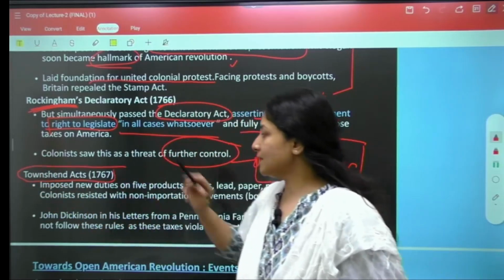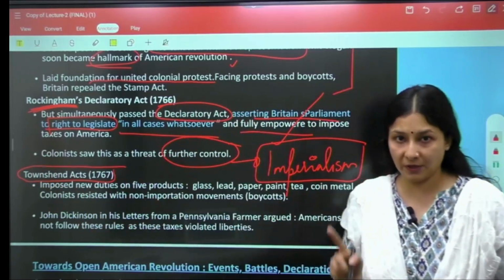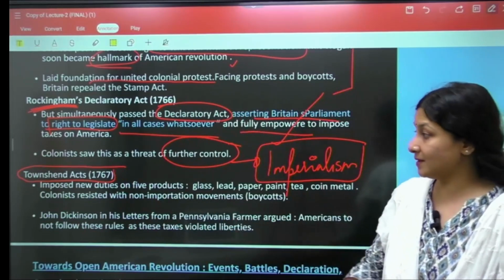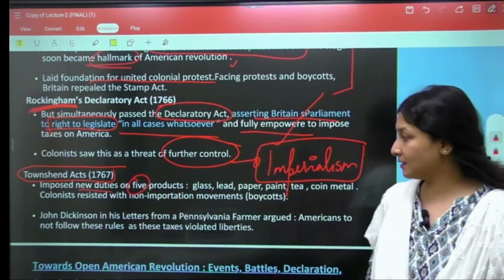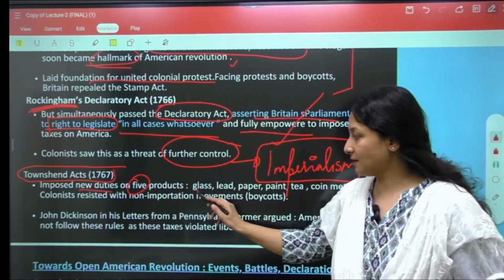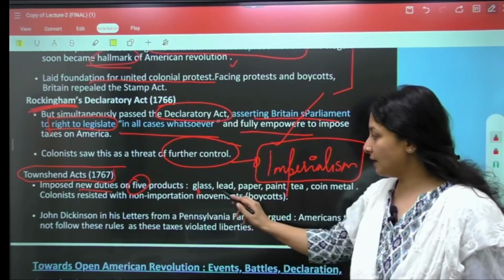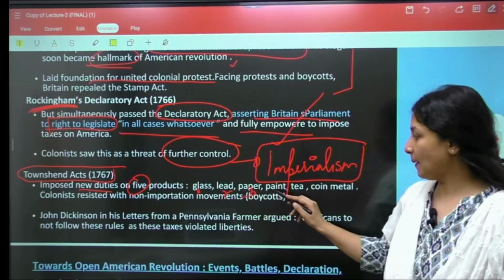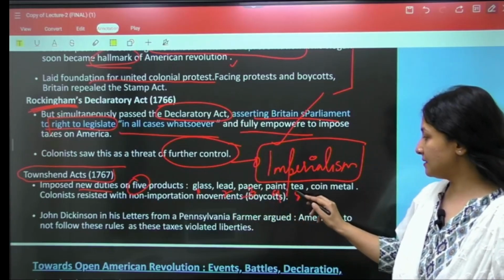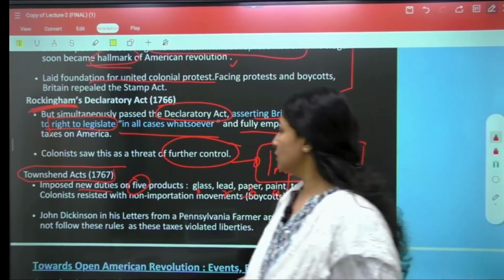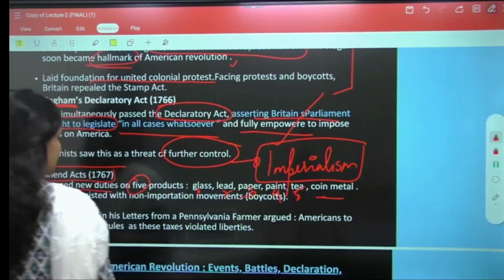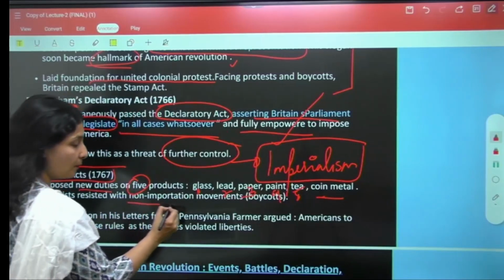The Townshend Act was passed by the British government, and it imposed new duties on 5 products, and these 5 products were glass, lead, paper, paint, and tea. The colonists resisted with a non-importation movement.